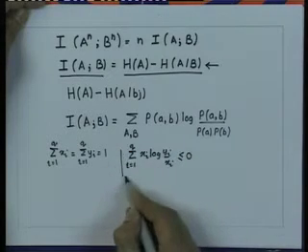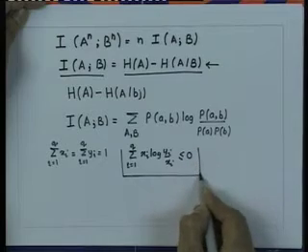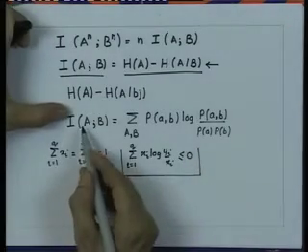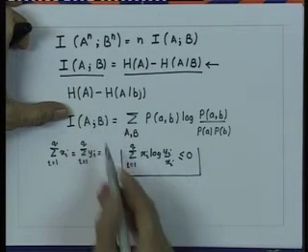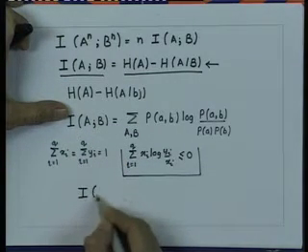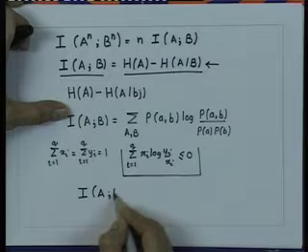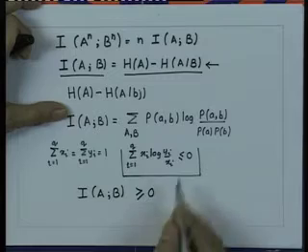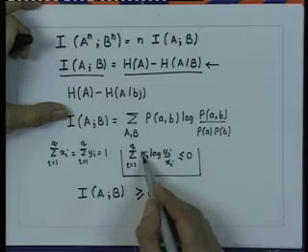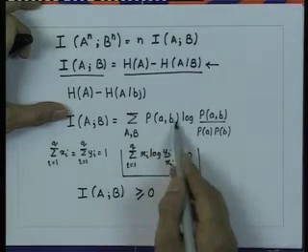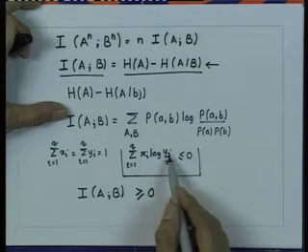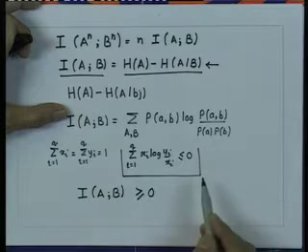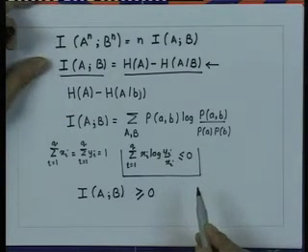So, using this relationship, we can immediately see that I(A;B) is greater than or equal to 0, where x_i corresponds to probability of A B and y_i corresponds to P(A) multiplied by P(B).